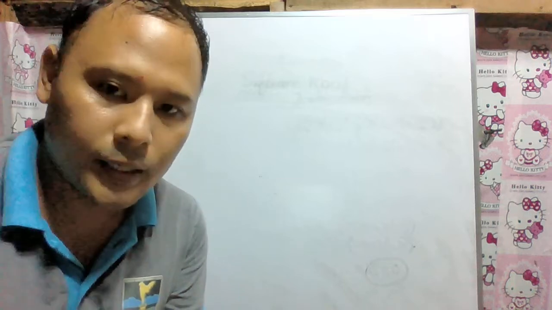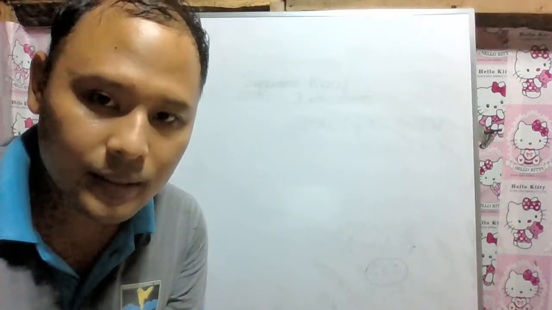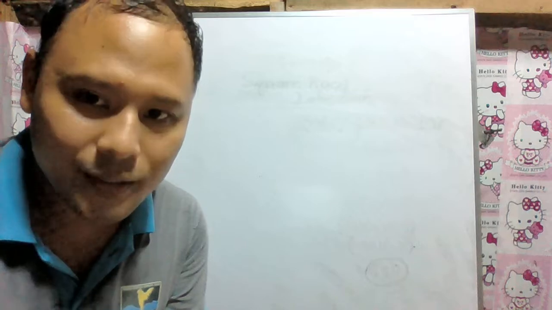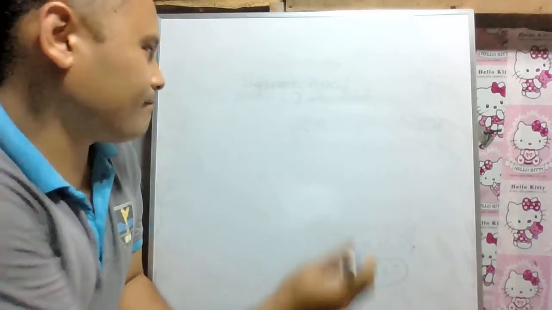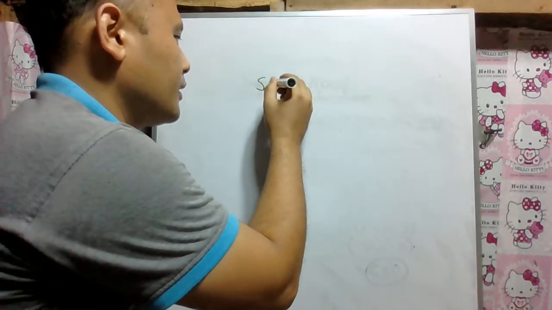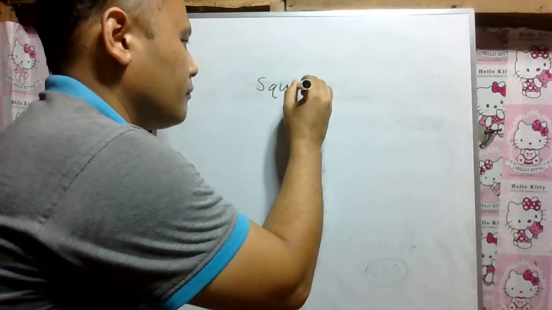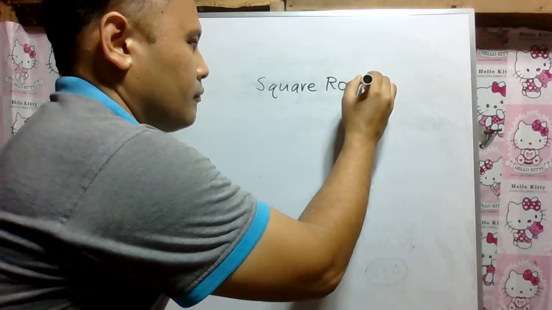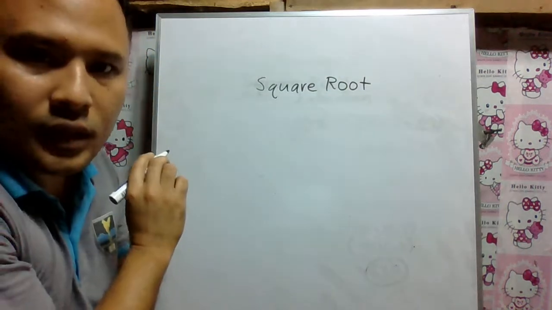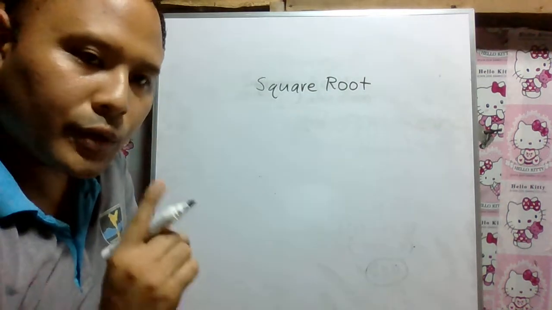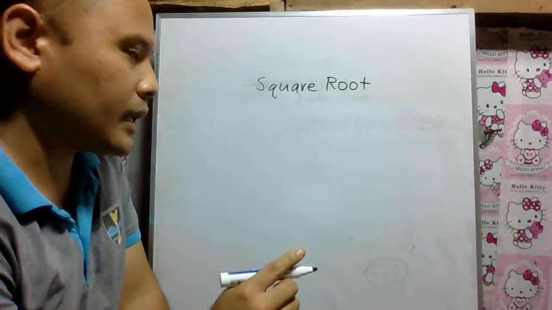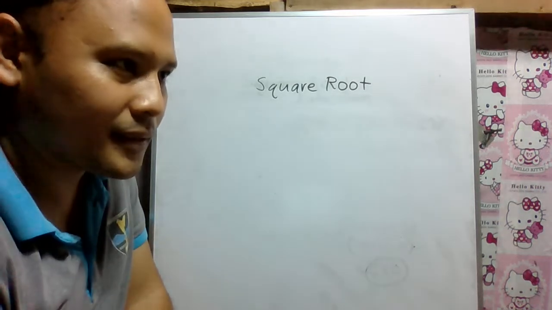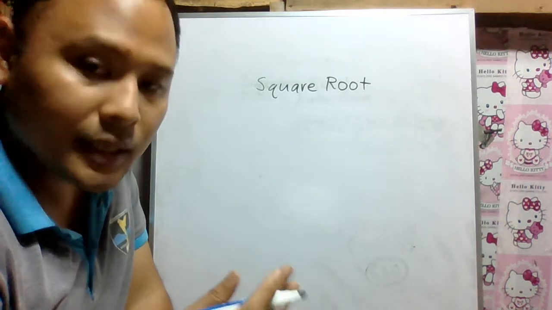Today, I'm going to share to you my knowledge about square root. Okay, square root. So when we say square root of, let us say, a number, n, n can be any number.